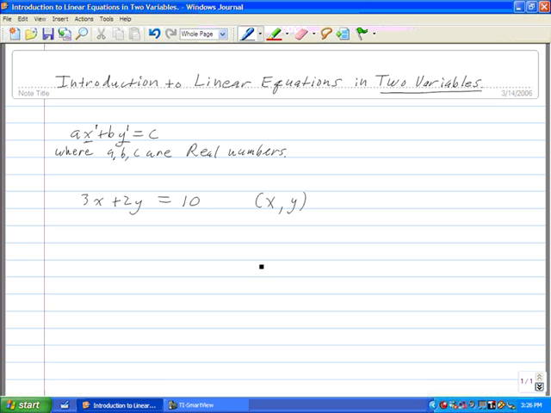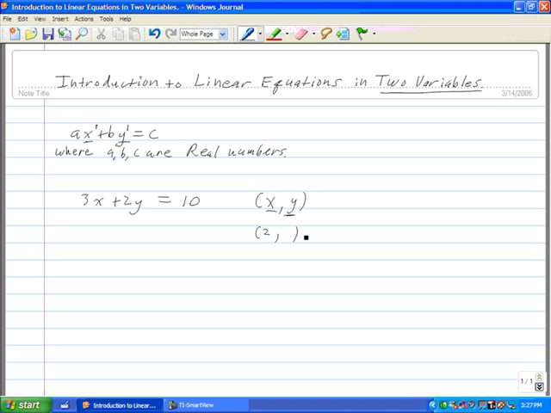Very often when you solve a linear equation in one variable, you're going to find there's one solution. That's not the only thing that can happen, but it's the most common. Now, since we are going to have solutions consisting of an x and a y, that's not going to be the case anymore. I can pick an x value. Let's say I was to pick an x value of 2.